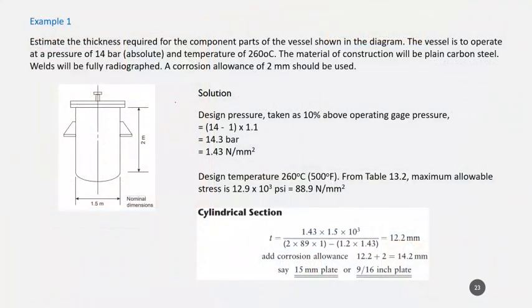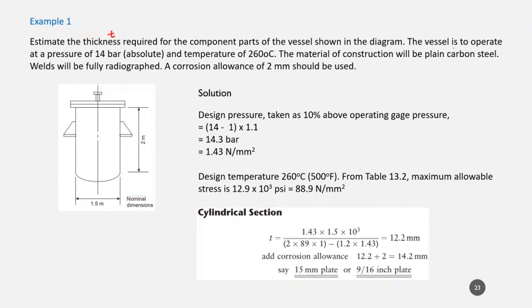For the example, how can we apply the design on the pressure vessel which is subjected to internal pressure, and also apply the design on the head and closure. Okay, for this example, estimate the thickness required for the component parts of the vessel shown in the diagram. The diagram of the vessel is shown here.